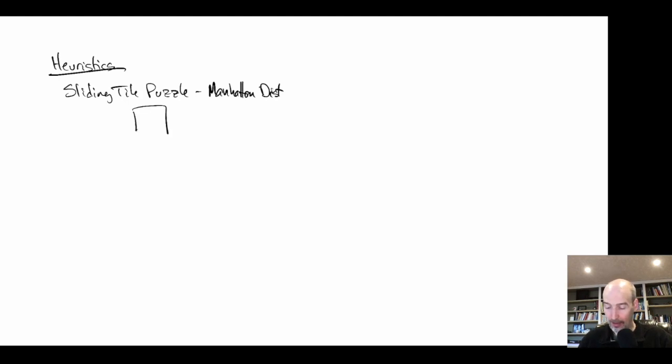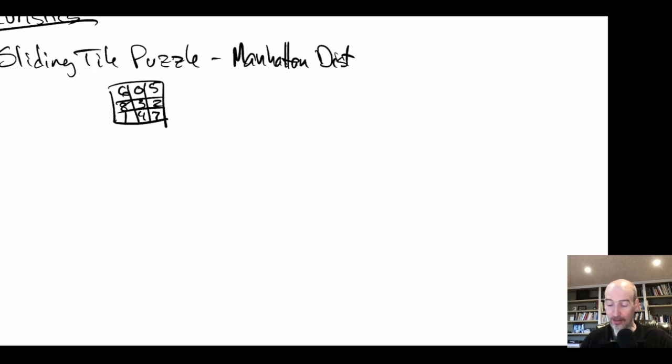So if I have, let's just do a very simple state space here. I know in this puzzle where each tile is. I know where each tile is supposed to be, and I simply add up the difference between those two things, of where it is versus where it's supposed to be, and that's going to give me my heuristic.